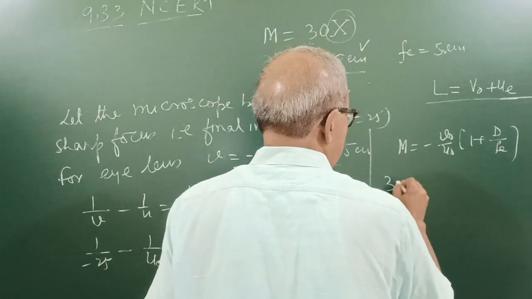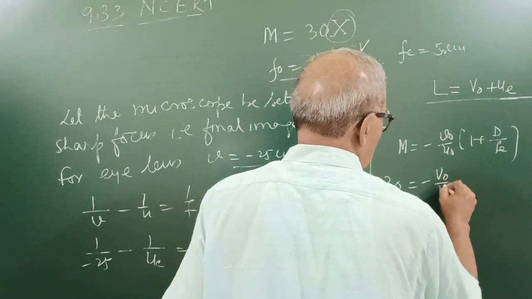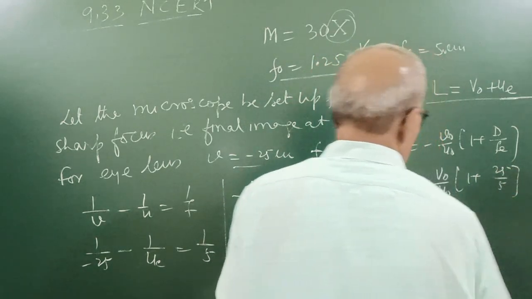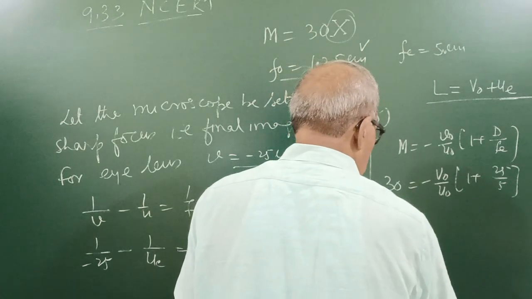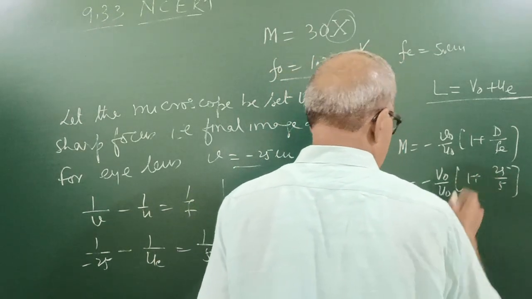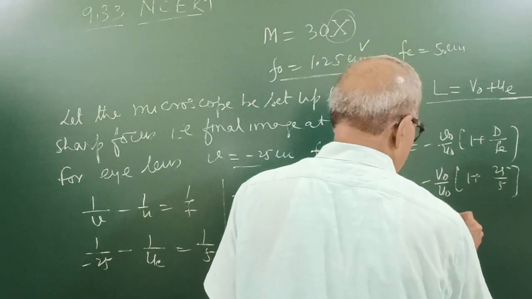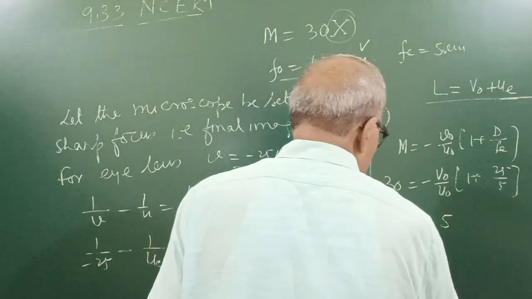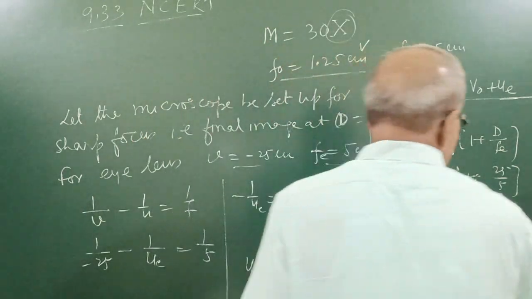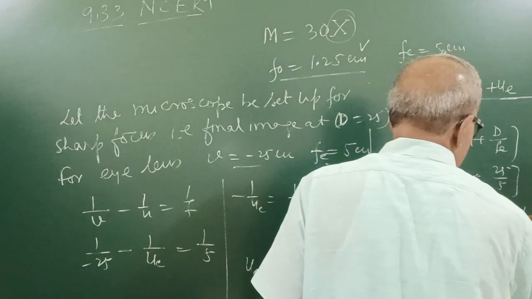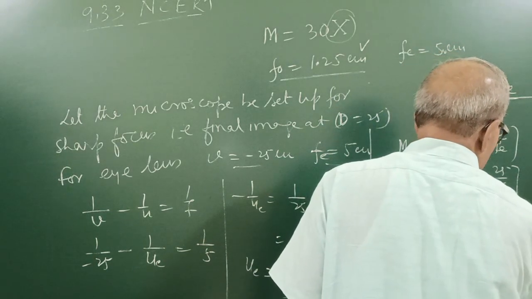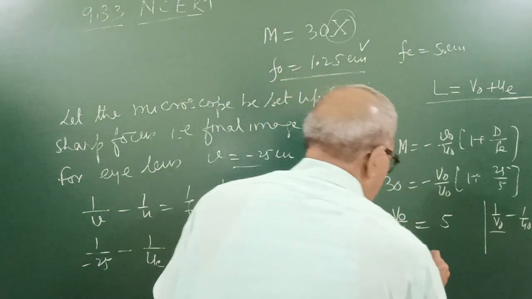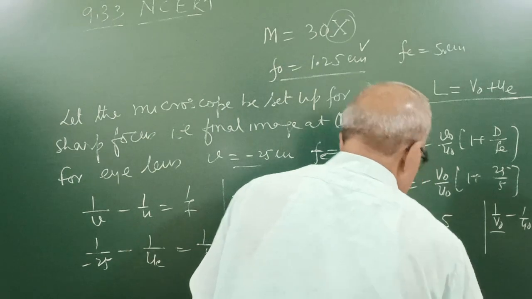So 30 equals minus VO over UO into 1 plus 25 upon 5, so that factor is 6, so minus VO over UO is 5. We need VO, so you have to use the lens equation. From here, UO equals minus VO upon 5.